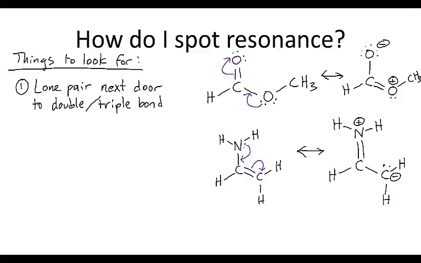So the first key thing to look for would be lone pair next door to a double or a triple bond. Second thing to look for would be multiple pi bonds next door to each other.